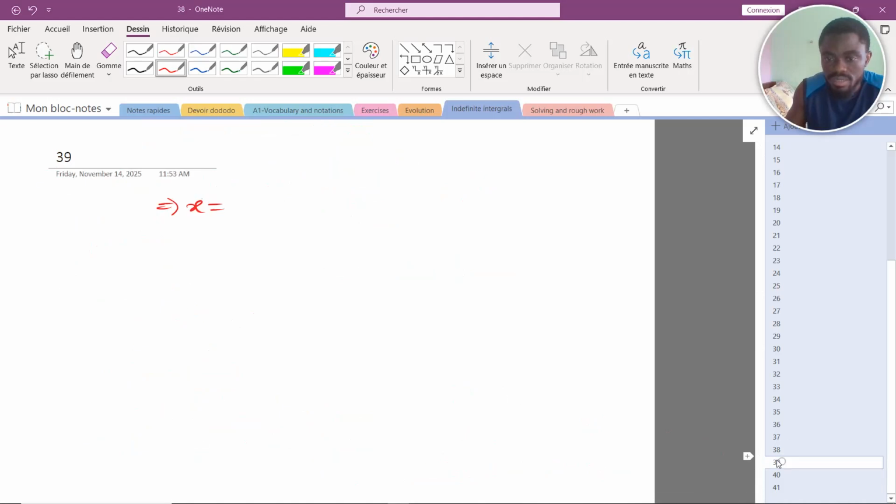So we basically have x equal to minus 3, or x equal to 2. So this implies x squared plus x minus 6 must be equal to x plus 3 times x minus 2. That's it.